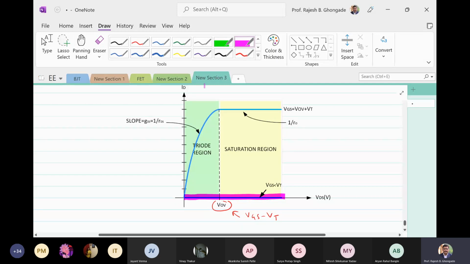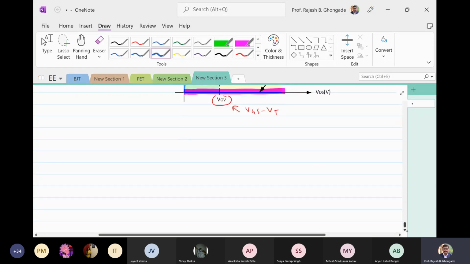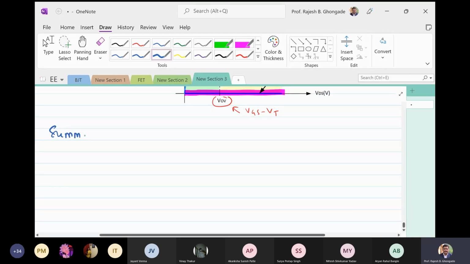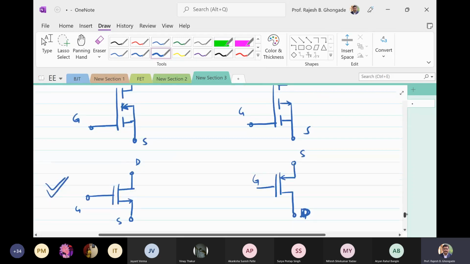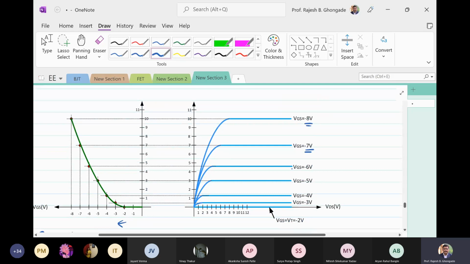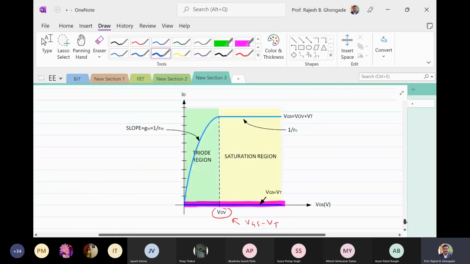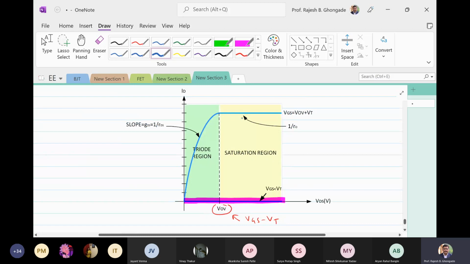So understand this carefully. It is very interesting. So to summarize, again, a few things that you have to understand. If you look at this curve itself, what will be the output resistance? Output resistance क्या होगा? Drain resistance क्या होगा?